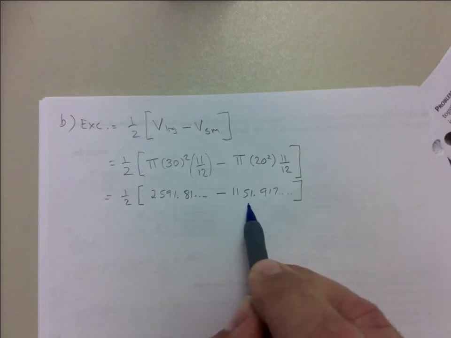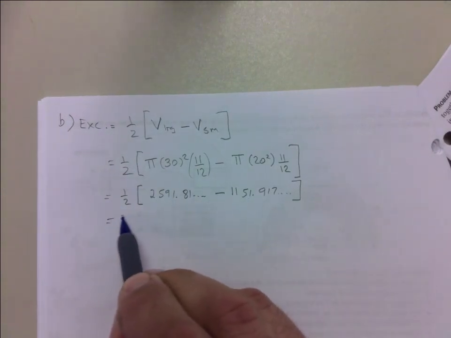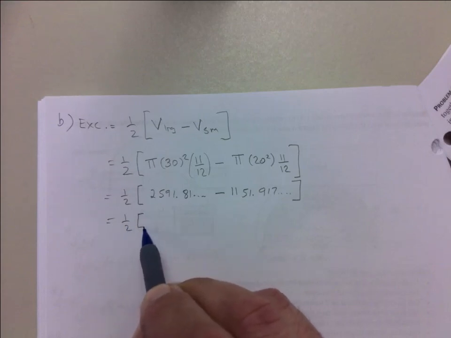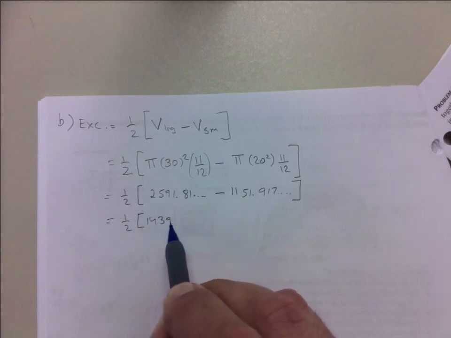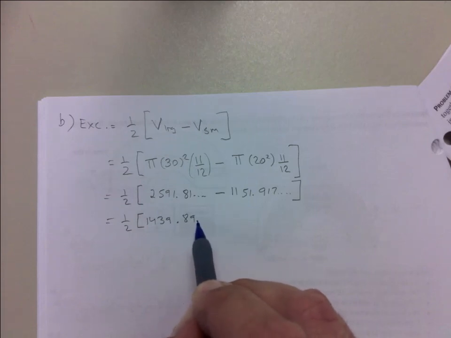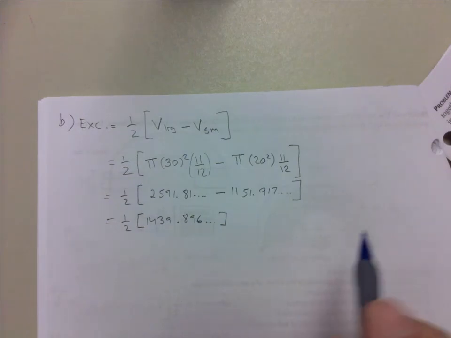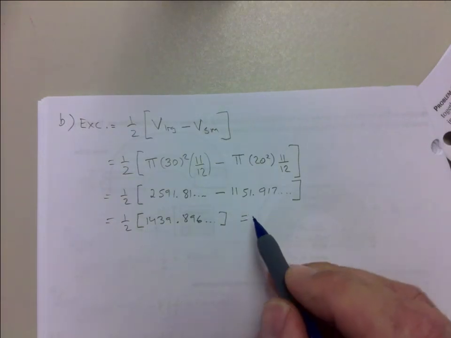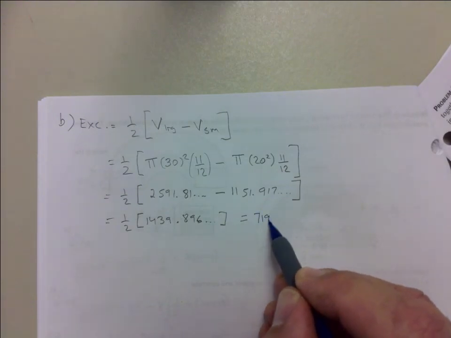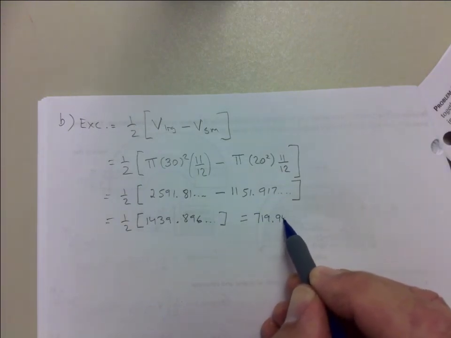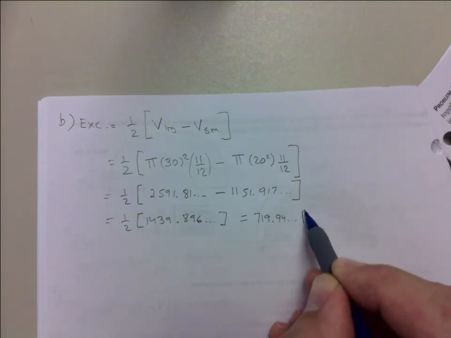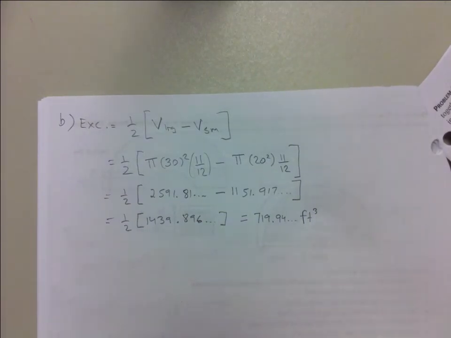So I subtract, I get 1/2 of 1,439,896 something. And don't forget to divide in half, so that would be 719.94 something. And we are in feet, so our units there would be cubic feet.